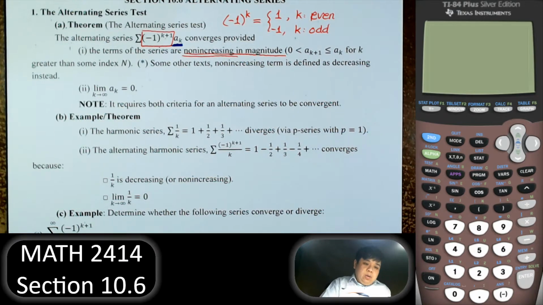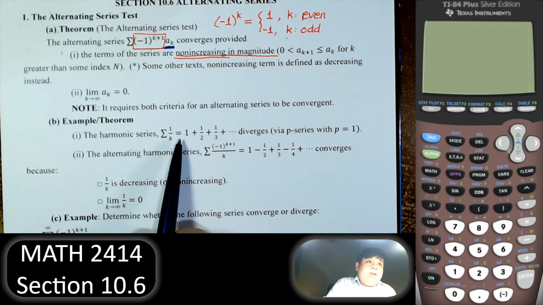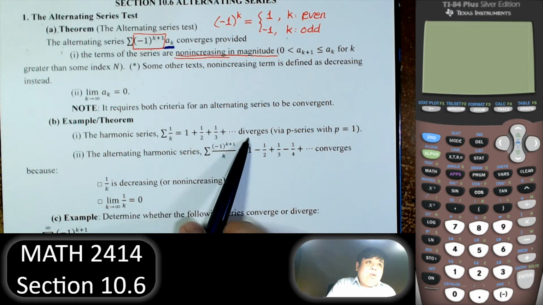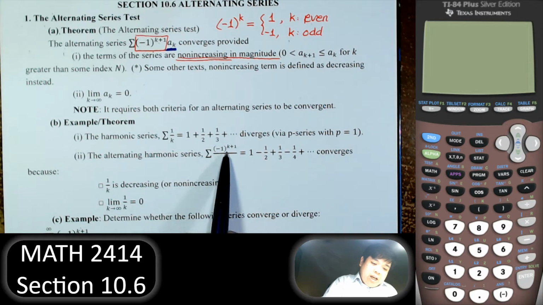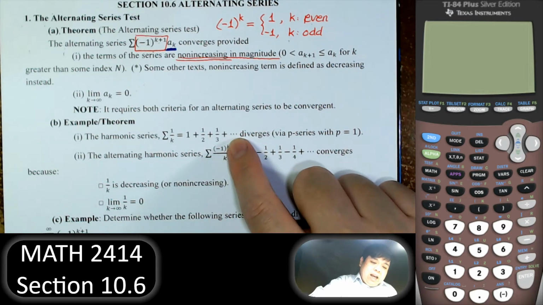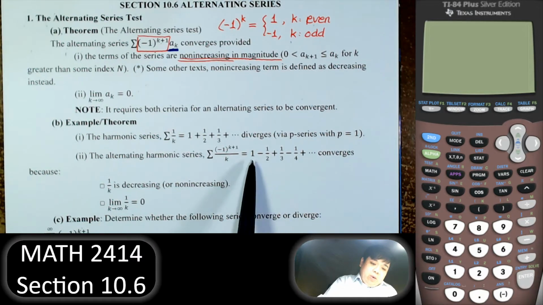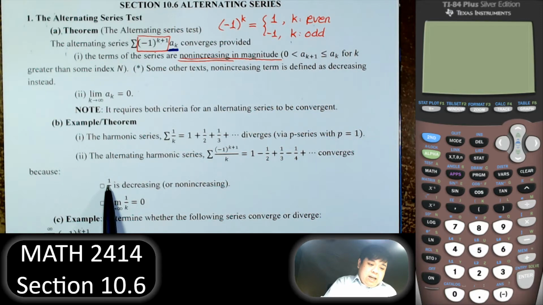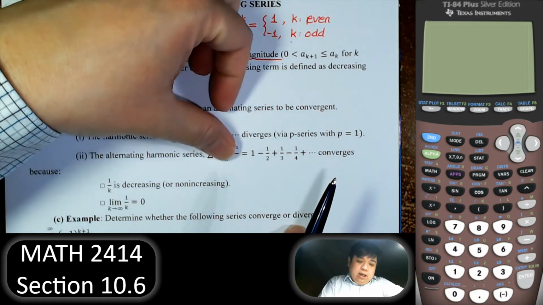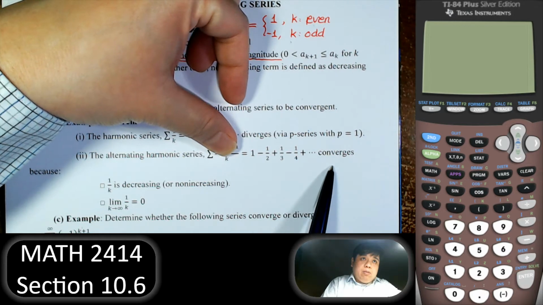So here's the first example. The harmonic series, the P series when p equals 1, diverges. However, if we throw in the -1 to the k, or k plus 1, which doesn't really matter, and we have something like this, this one converges because it is decreasing. The bigger the number on the bottom, the smaller the quotient.